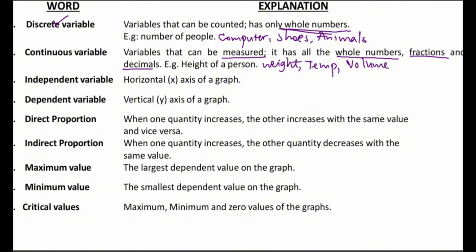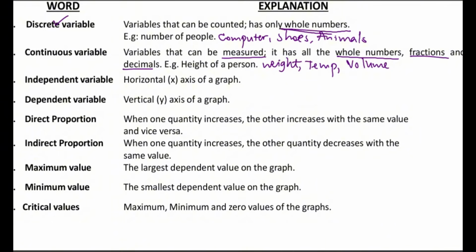Now, we have what we call independent variables. These ones are the values that we shall use to determine the next value. We shall see it as we go on.